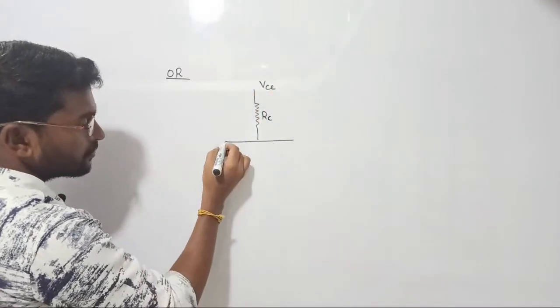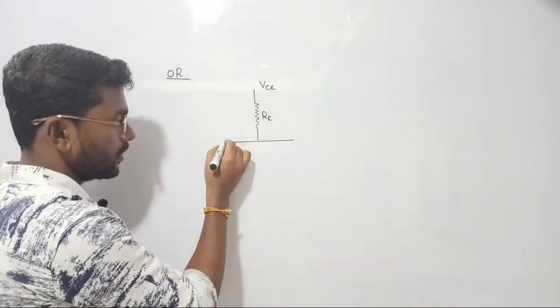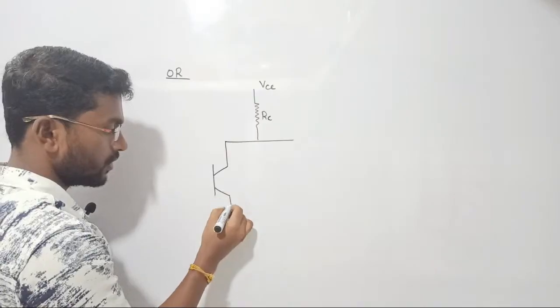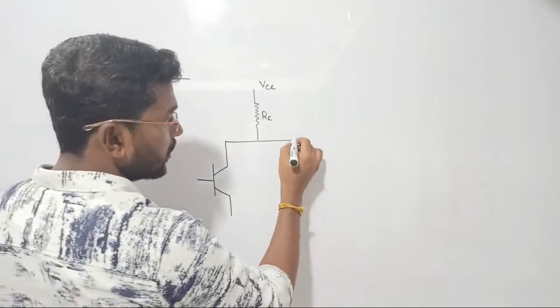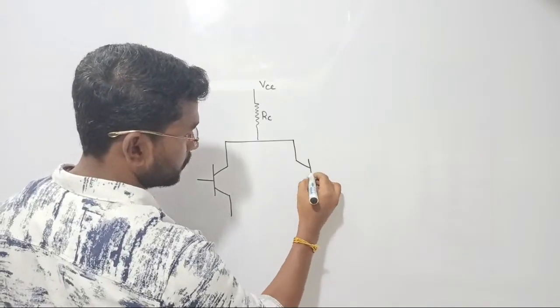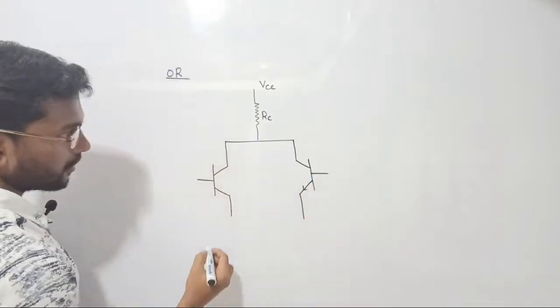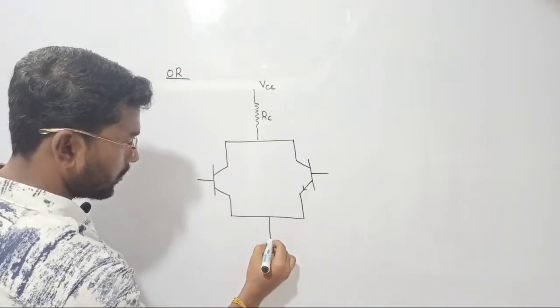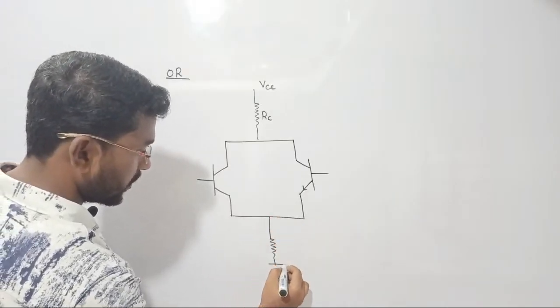Fine. Let's see, how can we connect? Shall we take a transistor here? Let's see. Yeah, let me consider a transistor like this. Shall we take it this way? It will look a little nicer. Yes. Fine. Let me close them. Let me connect one more resistor here.